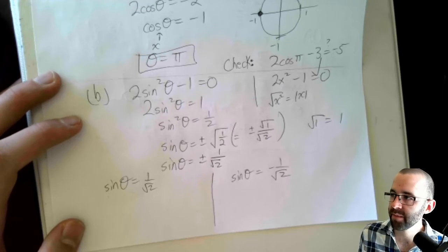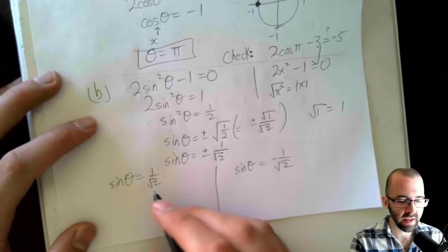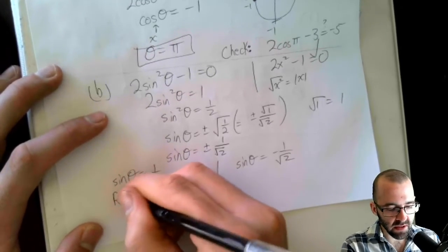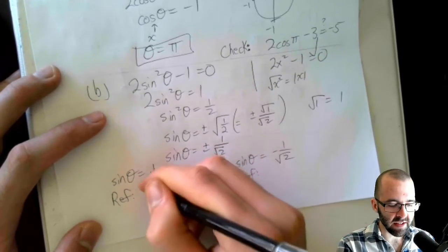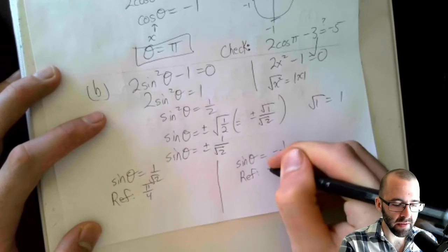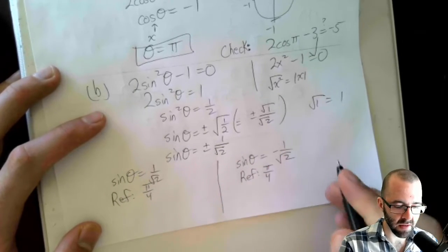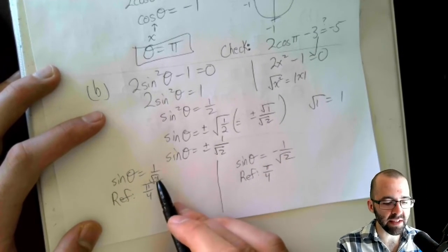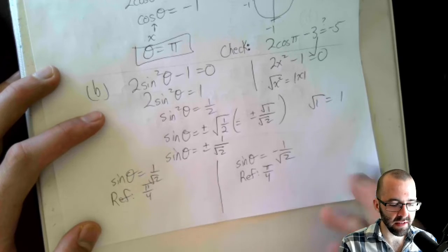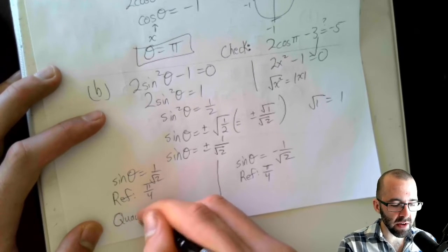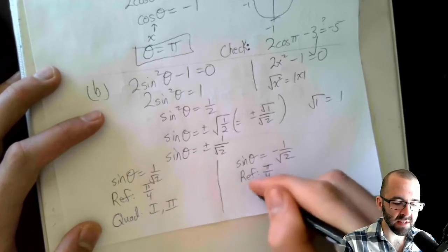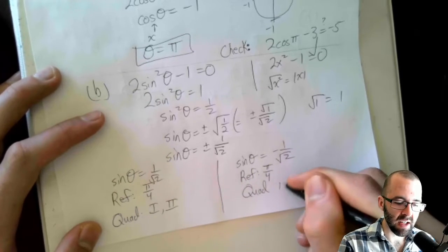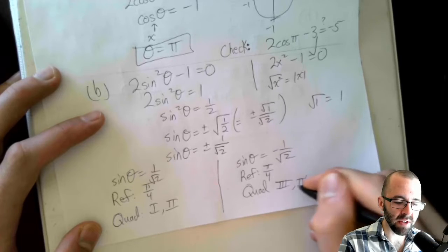Thanks for asking. So the reference angle is the same for both of these, right? It's going to be pi over 4 on both. But in this case, this one's positive and this one's negative. So just like before, sine's positive in the first and second quadrant, and sine's negative in the third and fourth quadrant.